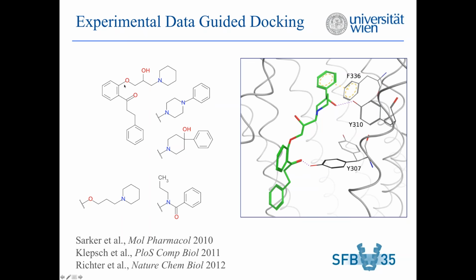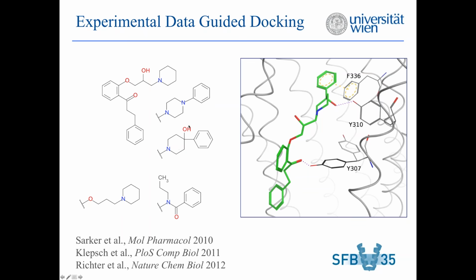So we dock a selected set of compounds where we have clear SAR. These are proper phenotype inhibitors of P-glycoprotein. We know we don't need this OH group, so when we scale according to lipophilicity, there's no difference. We need this carbonyl group because it's acting as an H-bond acceptor.